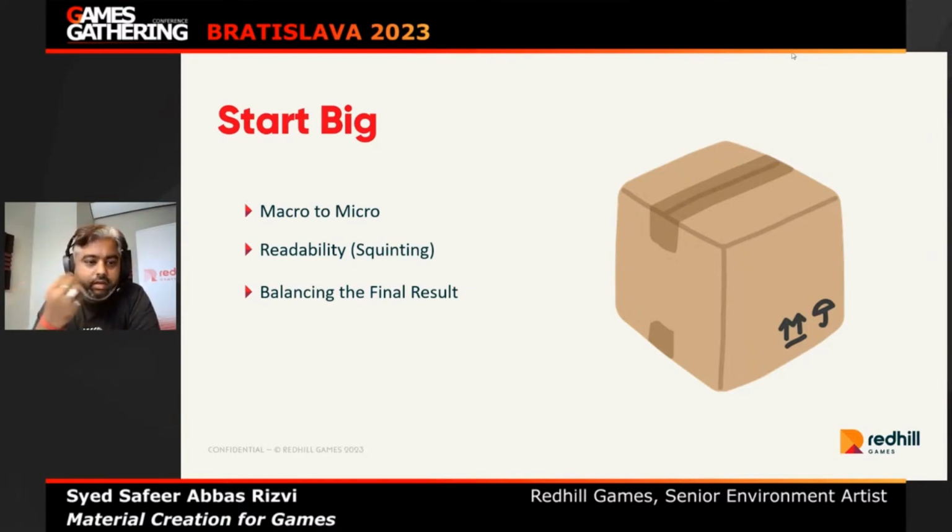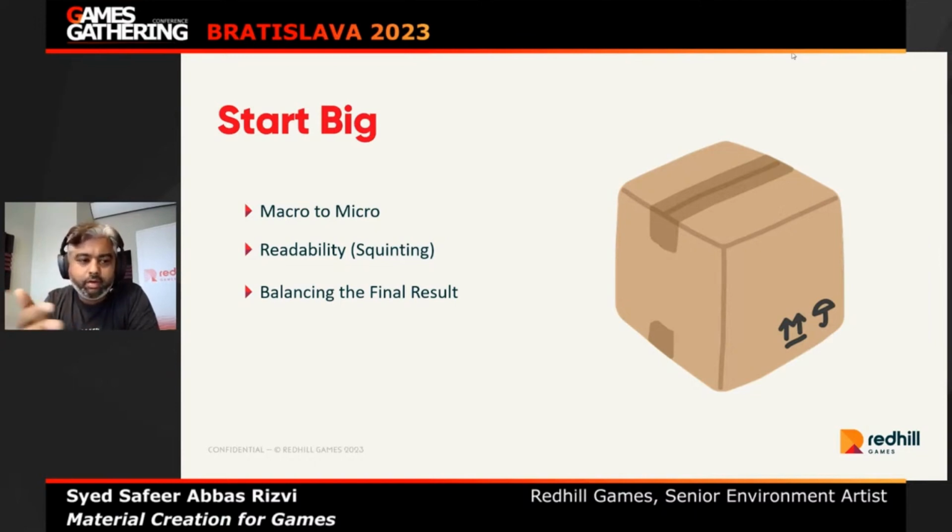First, when you start putting details at a very early stage, you lose your focus from the main shapes, and you keep putting more and more detail rather than focusing on the macro detail. Your material will be visible from a distance as well, so macro details are really important, because if you're looking at a material from a distance, micro detail won't be visible.